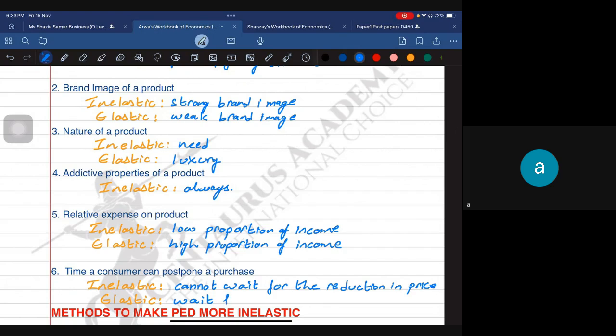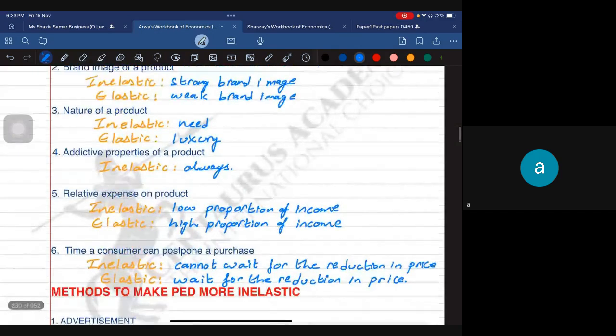So if you can wait for the reduction in price before you buy it, that is not a need. If it was a need, you would have bought it there and then, right? Got it?